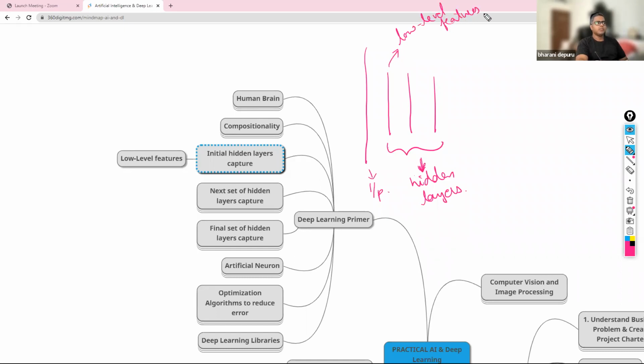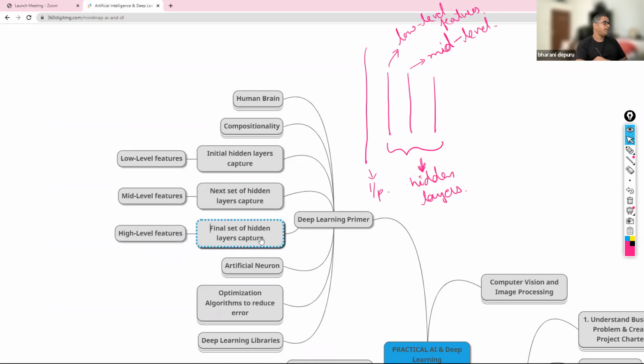If it is an image, then it captures edges, pixel values, etc. Then the next set of hidden layers capture mid-level features, which means parts of the human face like eye, nose, mouth, ear, etc. Then the final set of hidden layers capture high-level details, such as the entire human face if it is a face recognition model.